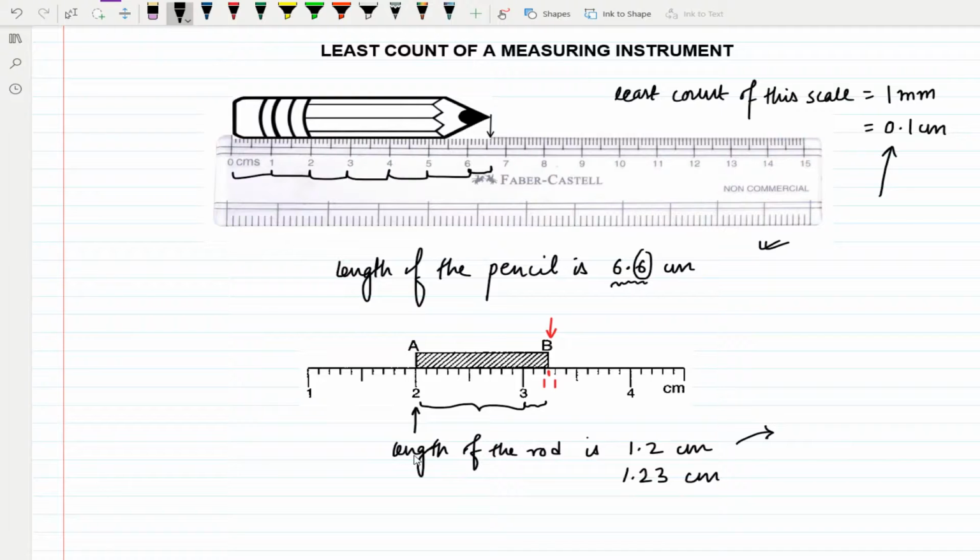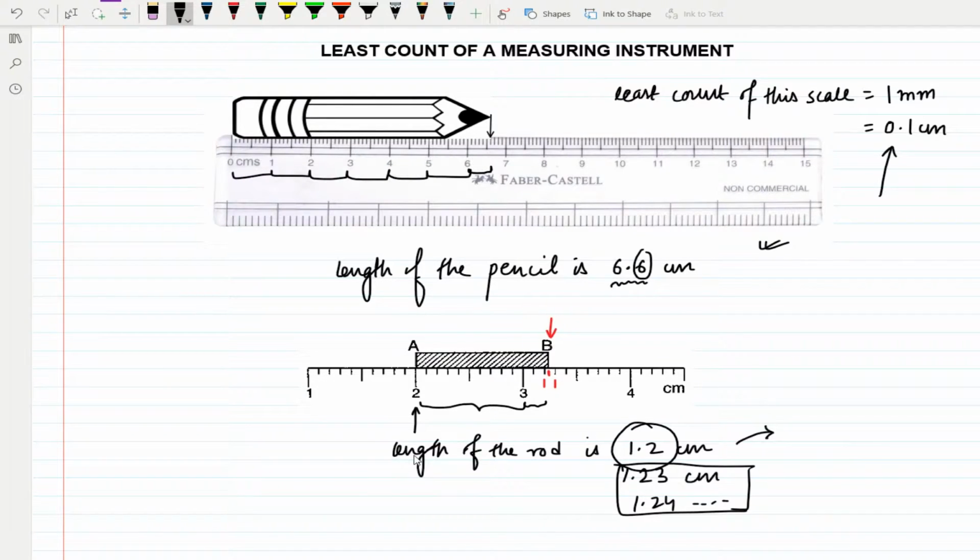Why? Because you never know whether it is 1.23 or 1.24 or 1.25. You cannot figure it out. You can only take the correct reading up to one decimal place, like in this case. That is what we mean by the smallest measurement this instrument can take having one decimal place in its least count. So you cannot take two decimal places from this scale.